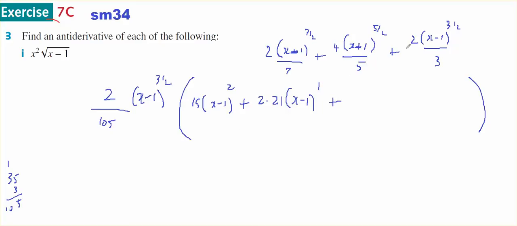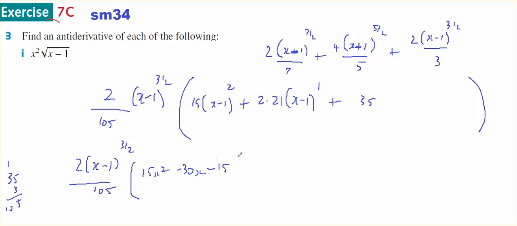Plus, the 2's gone out the front, 35 times 1. And that's going to give me 2(x minus 1) to the 3 on 2 over 105 times 15x squared. Minus 2x, so minus 30x minus 15. Plus, that's 42.